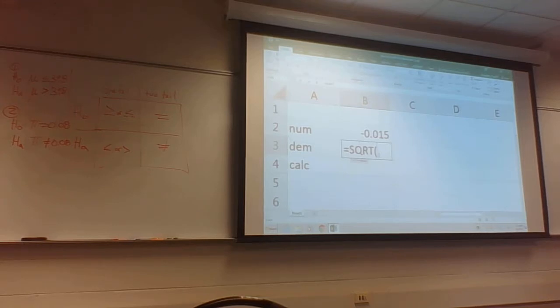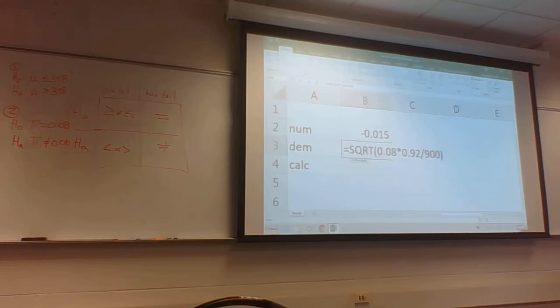Well, it's going to be 0.08 times 0.92, because that's 1 minus 0.08. We are using the population proportion, the hypothesis test proportion. Yeah, it's still Z. And we divide by how much? 92.